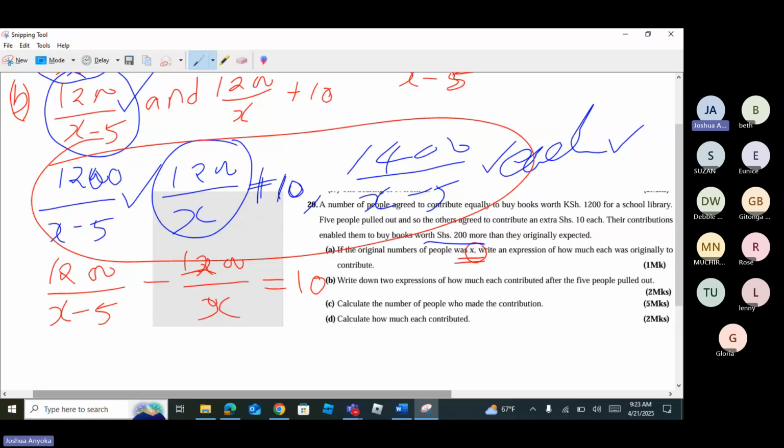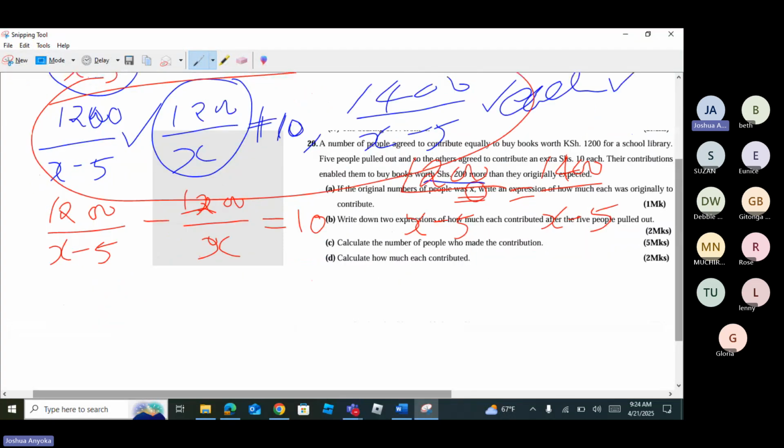Another person can say, let us see whether it will make sense. 1200 over x minus 5 is equal to 1400 over x minus 5. Will it make sense? I want some people to run with this one, form an equation with this.